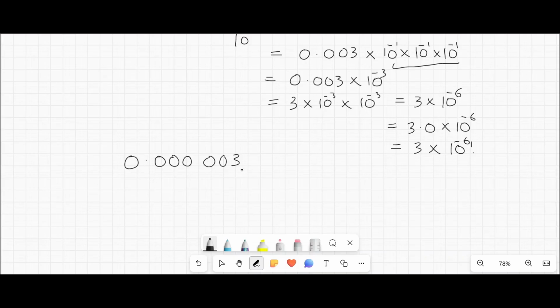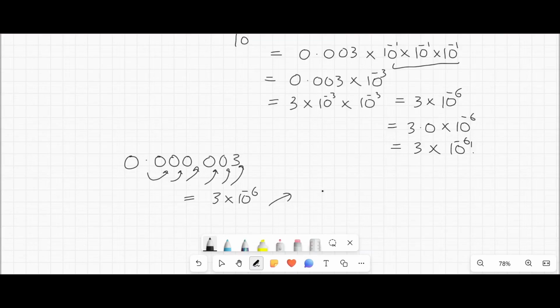How many places will we move this now? 1, 2, 3, 4, 5 and 6. So we will get 3 into 10 raised to negative 6.